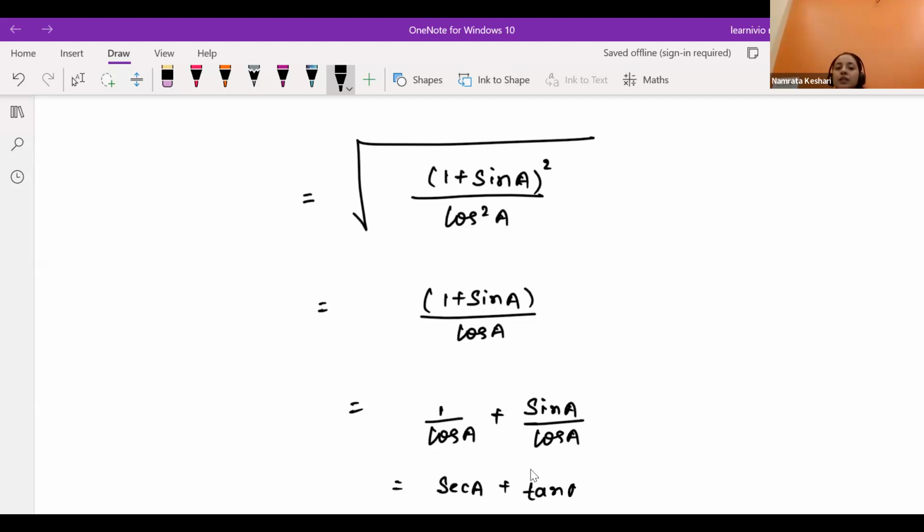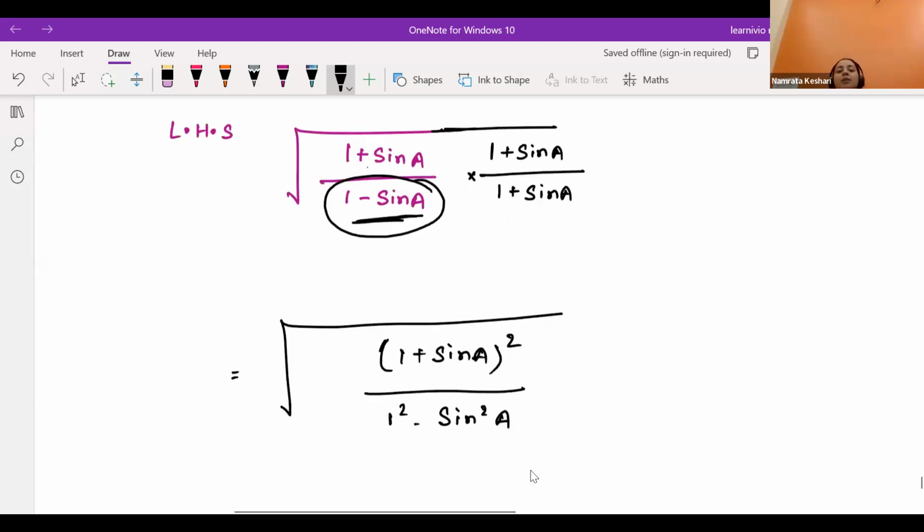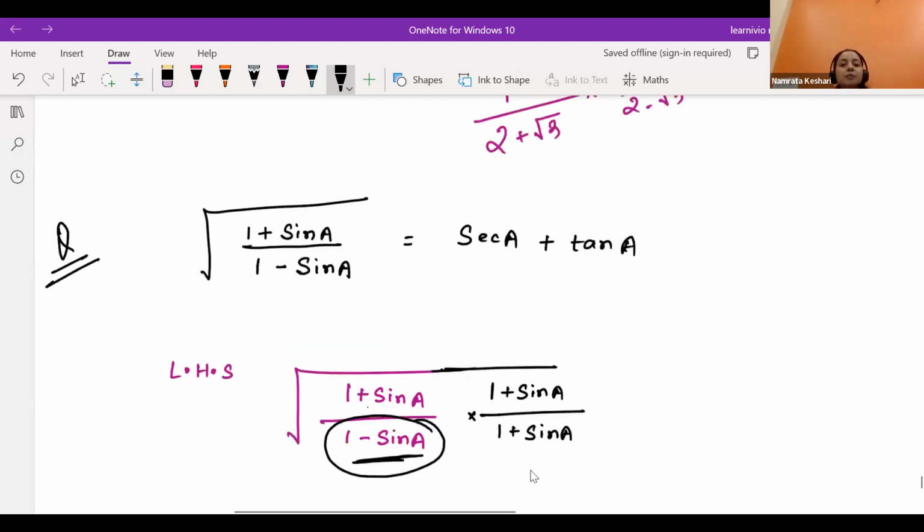So we had 1 plus sin A over 1 minus sin A, and we wanted to prove sec A plus tan A. I told you, sometimes we need to apply the logic we used while doing rationalization. Here the same logic has been applied. Inside the root we multiplied 1 plus sin A by 1 plus sin A in numerator and denominator.